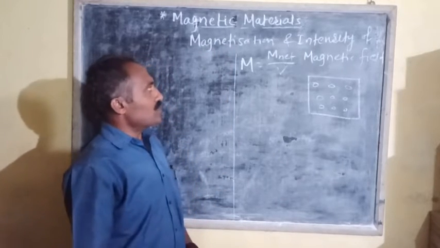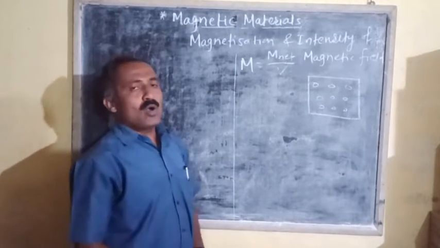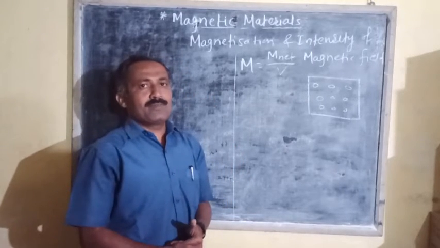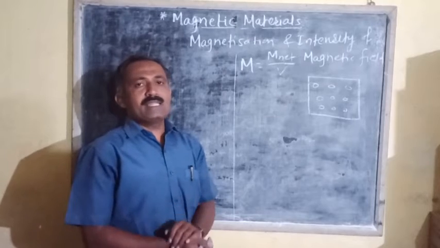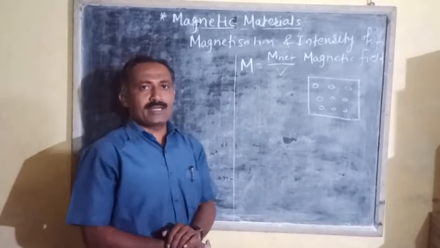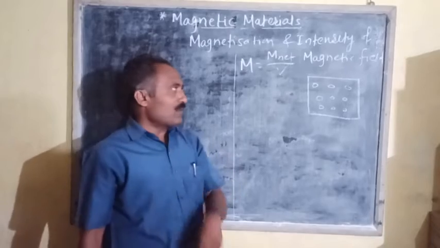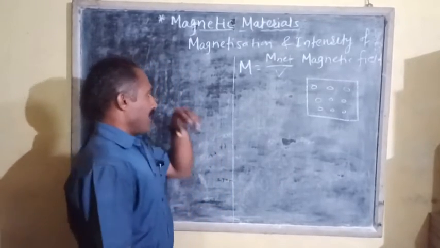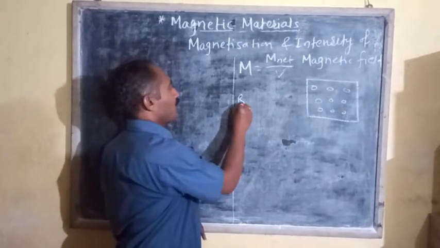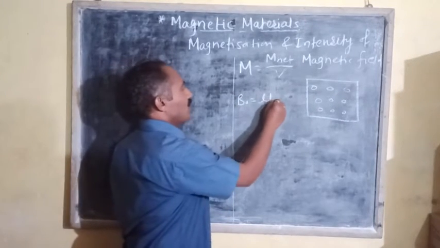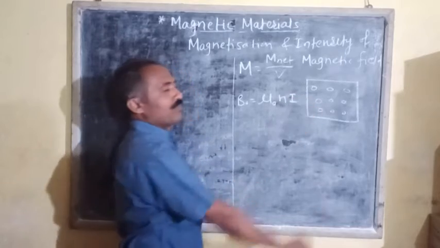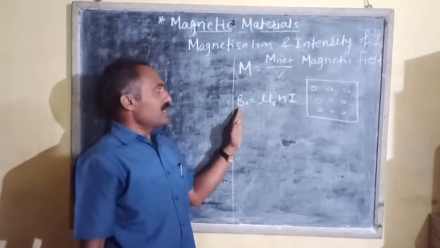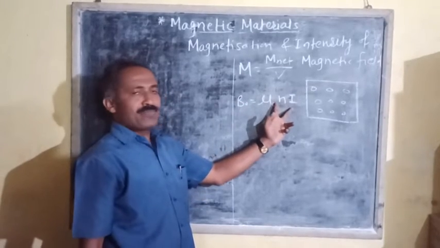Now we have to study the magnetization and the intensity of magnetic field of the magnetic material which is placed in the form of a rod in the current carrying solenoid. We know that the magnetic field inside the solenoid is given by B0 is equal to mu 0 N i.